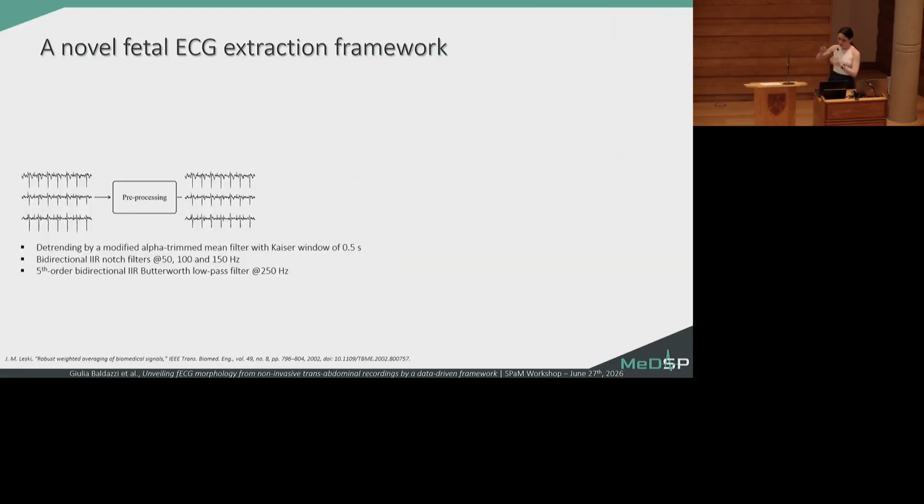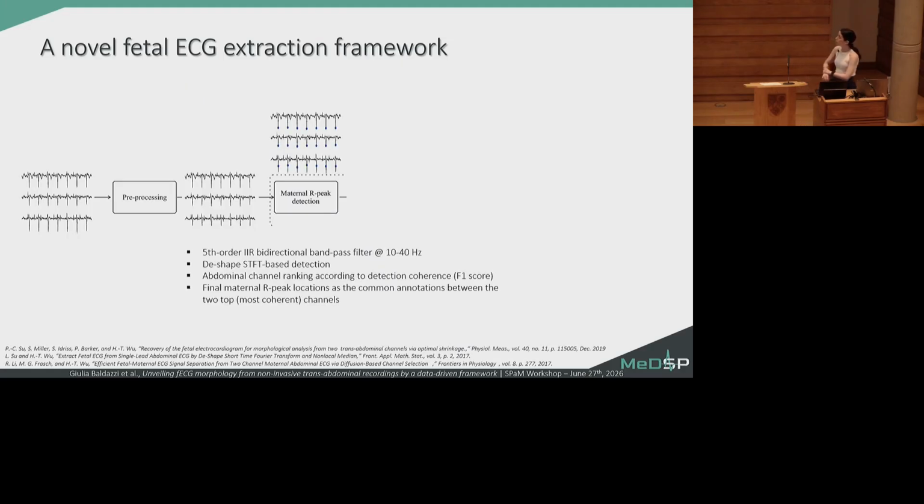So just to have a quick overview of our algorithm, the first step is the preprocessing stage, which allows us to attenuate out-of-band interferences, which is followed by a multi-stage maternal ECG estimation and then suppression.